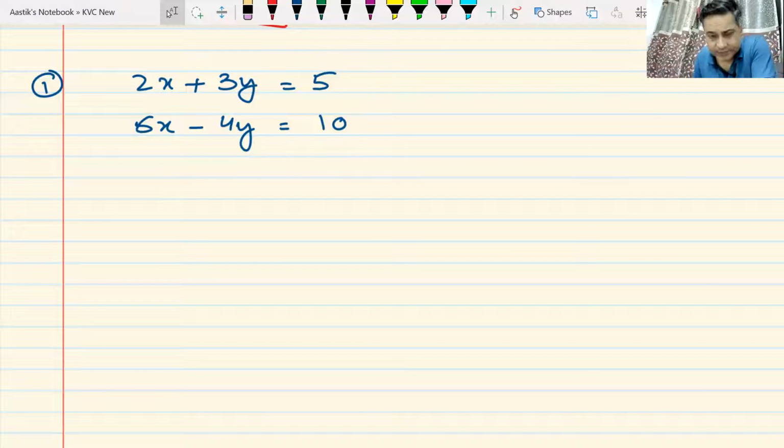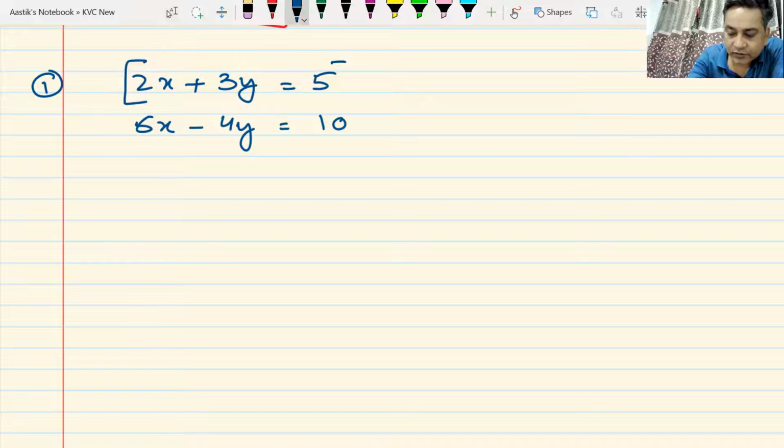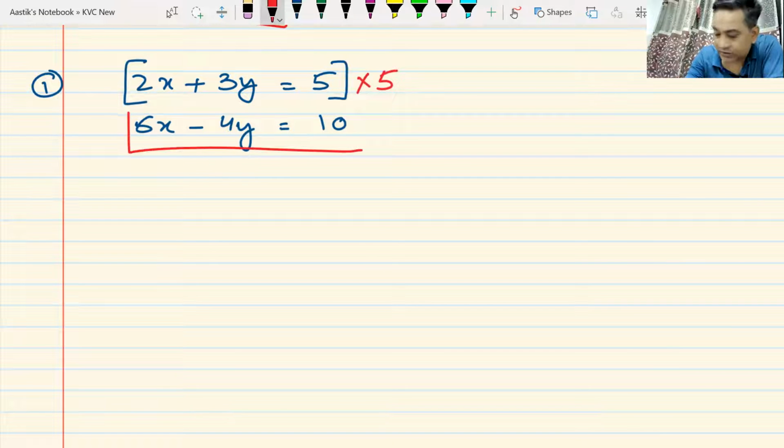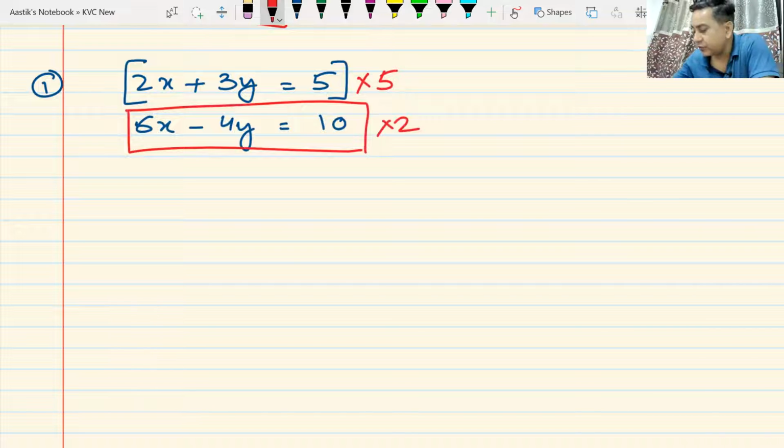Now it is my time to do my stuff. How are you going to solve it? Well, there is a method of elimination. There is a method of substitution. You can do whatever. I will just do it my way. I will use the method of elimination. What I'm going to do is multiply this equation by 5 and this equation by 2.